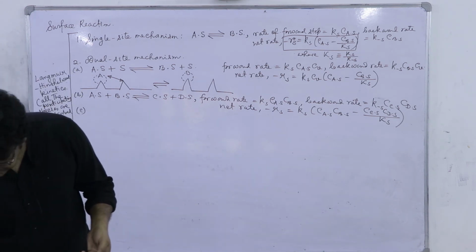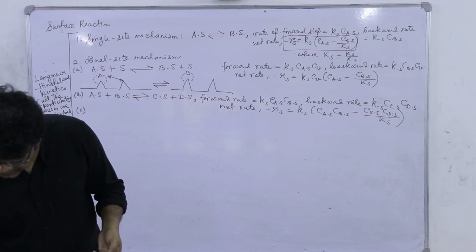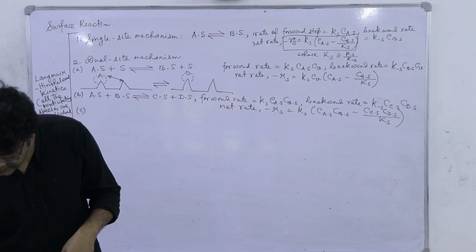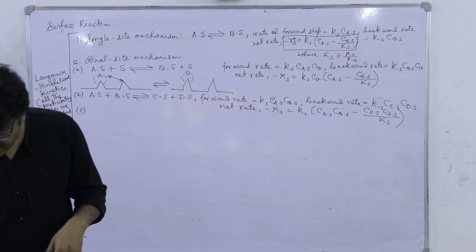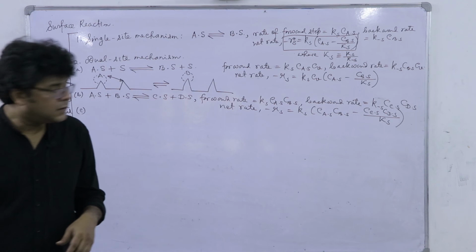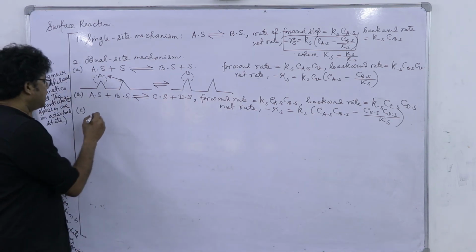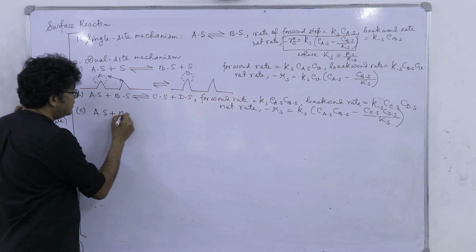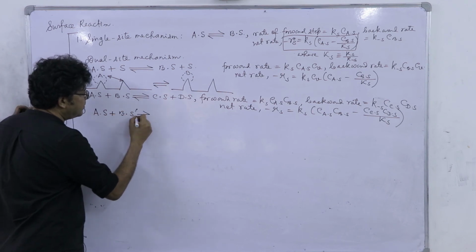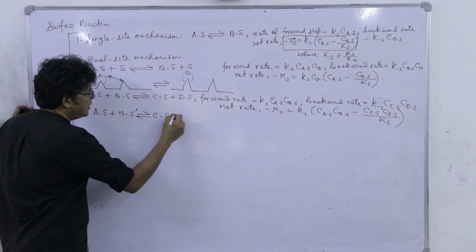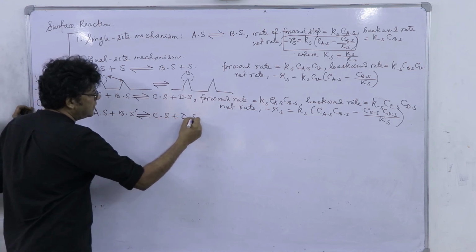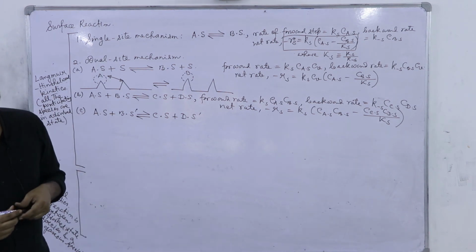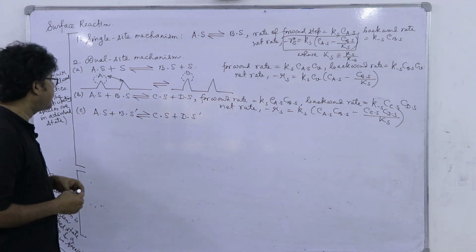So, a typical example is the carbon monoxide oxygen reaction over this platinum iron catalyst. Typically what we are talking about, A dot S plus B dot S prime giving C dot S plus D dot S prime, right. This may be a possible case.